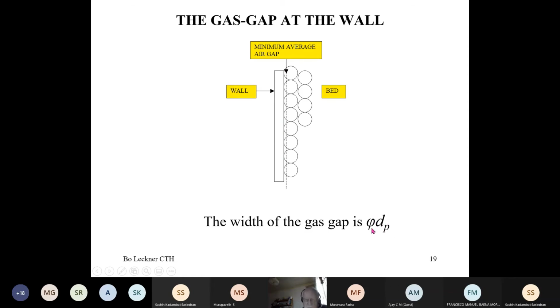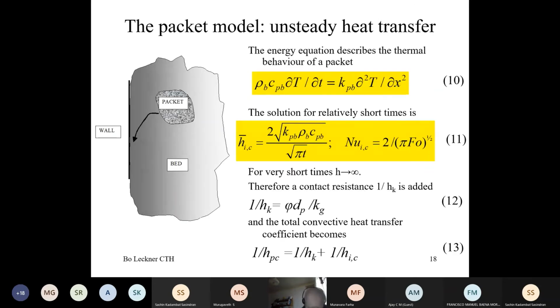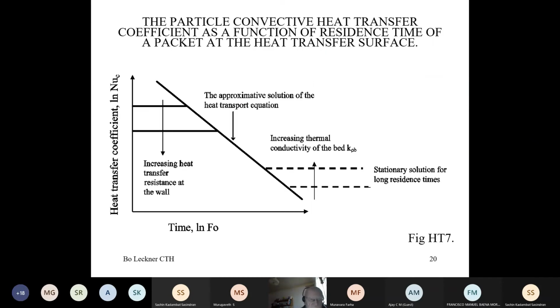So this is considered also to avoid infinite heat transfer coefficient. So actually, the heat transfer coefficient is this equation, which is, here you have the logarithm of the Nusselt number and the logarithm of the time.